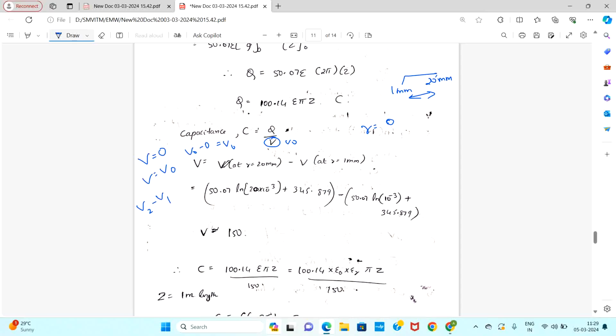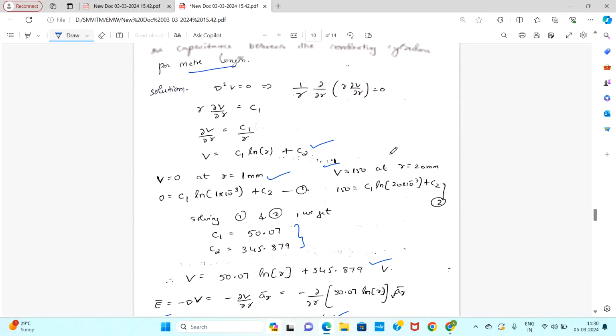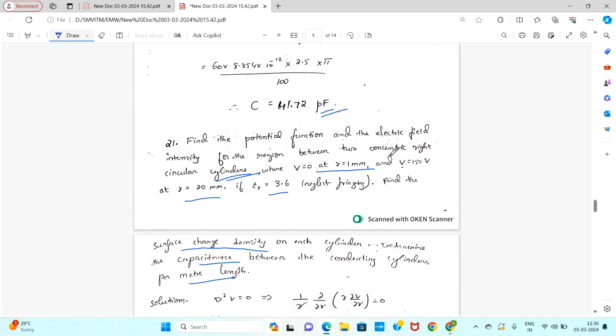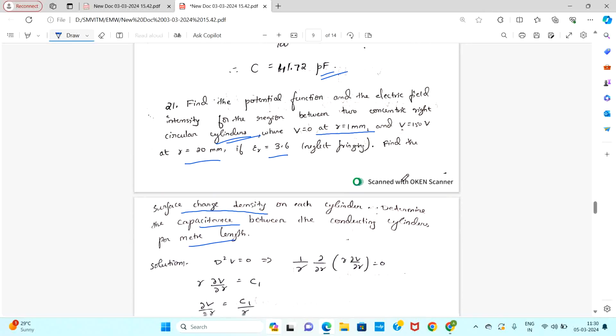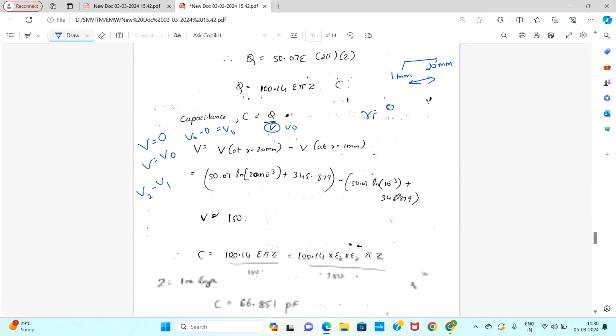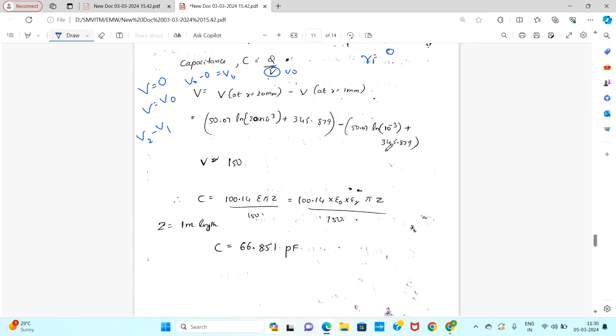I have to take the difference of V at R equal to 20 millimeter minus V at R equal to 1 millimeter. So if I take the difference of these two, as you can see, the potential at 20 millimeter is given as 150 and at 1 millimeter is given as 0. So 150 minus 0 will be 150 volt.